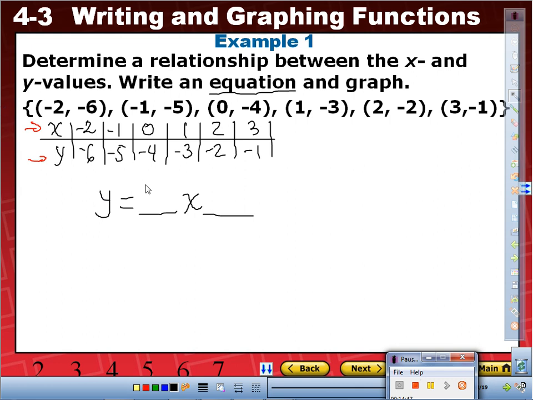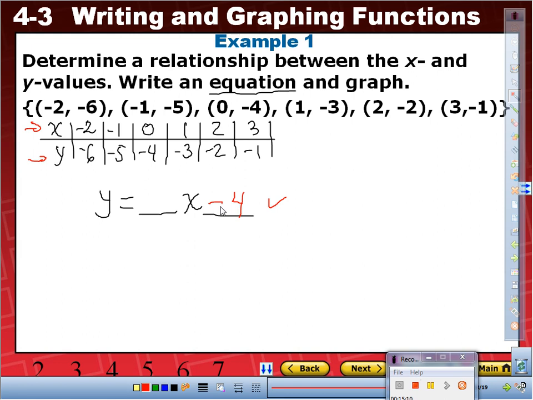What did we say was happening to x to get y? Subtracting 4. So therefore, x minus 4. And this is our rule. Okay? So what was step 1? Write a rule.